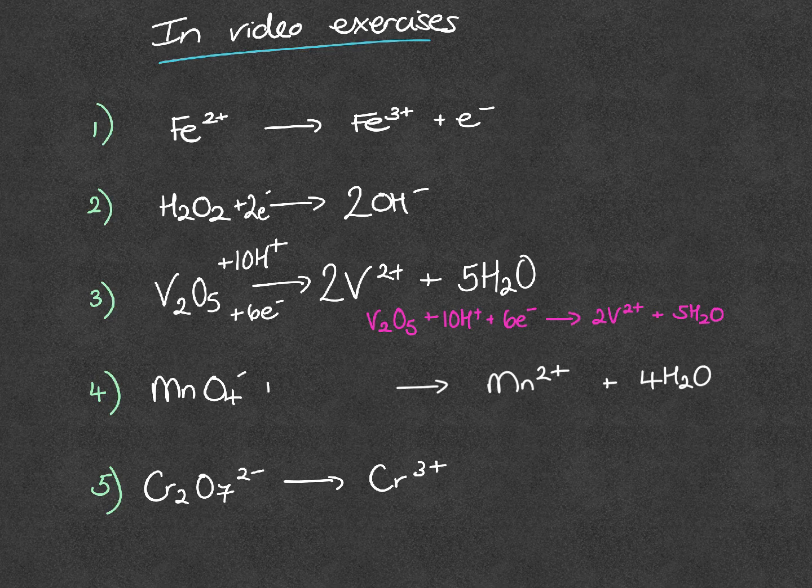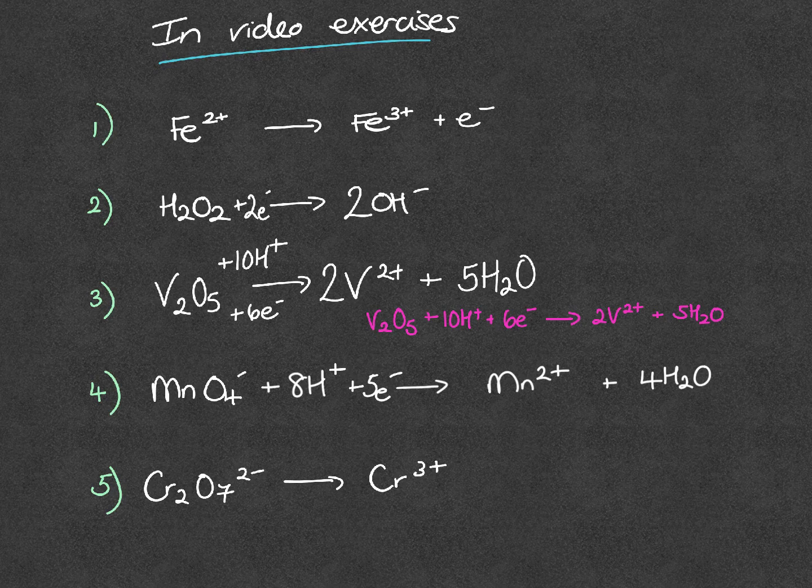That means I'm going to have to come back over to the left hand side and add in 8 H+. So counting up 8 H+ and a minus, so I'm 7+ on the left. On the right here I'm 2+, so to even those up, I can add 5 electrons, so that I am 2+ on the left and 2+ on the right.